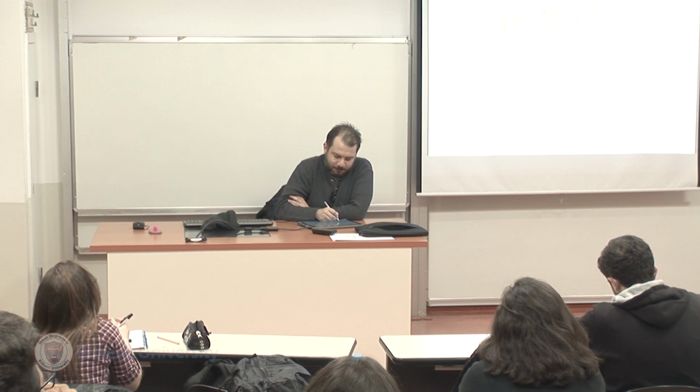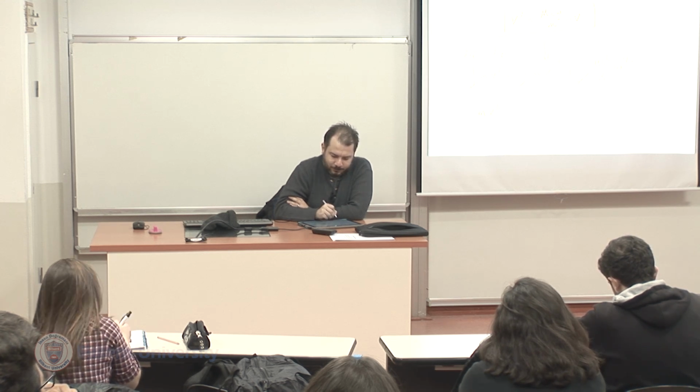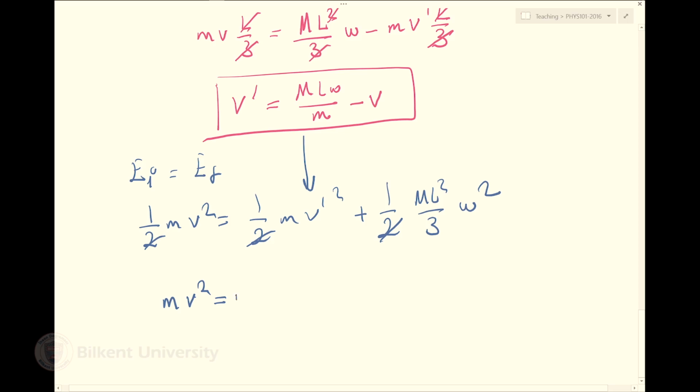So I have m v squared equals small m times capital M over small m L omega minus v, squared, plus M L squared over 3 omega squared.